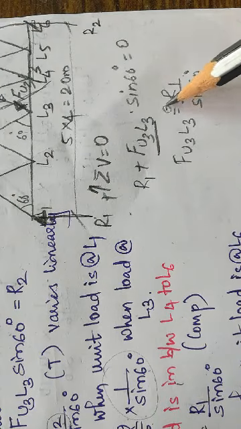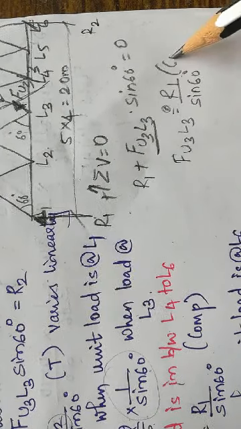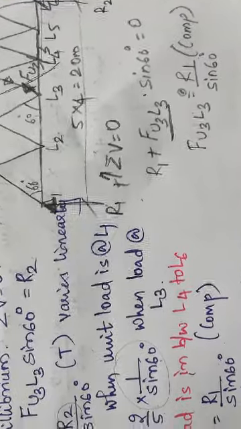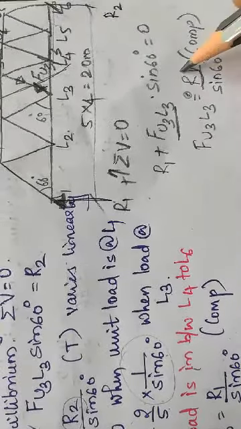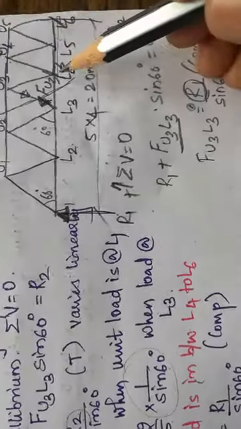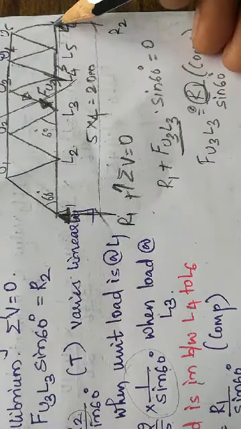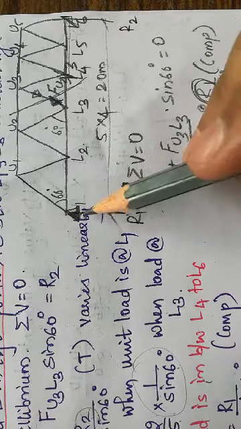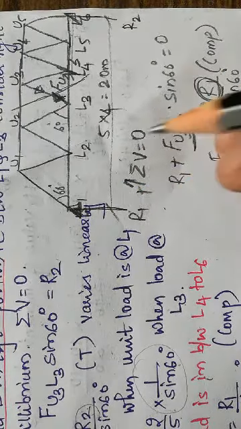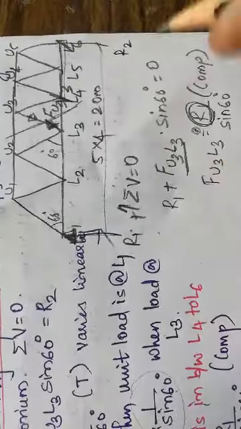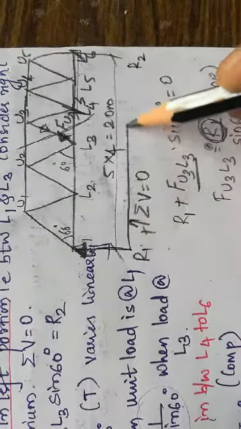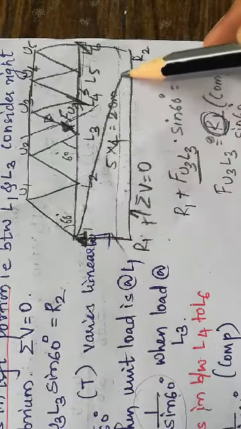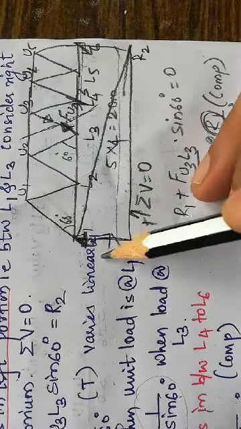Since this minus sign is there, I will write it as compressive. Now I have to find the ordinates of this R1 when the load is at L1 and L6. So now R1 is there, so let us draw the influence line diagram for R1. So this is somewhat like this, you will have the influence line diagram for R1.